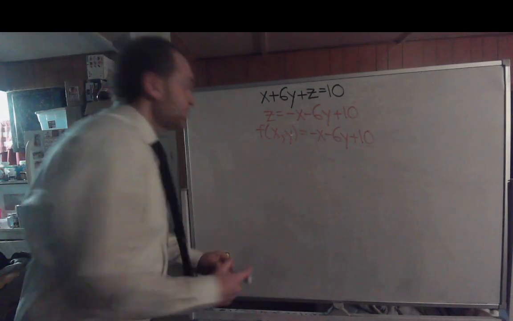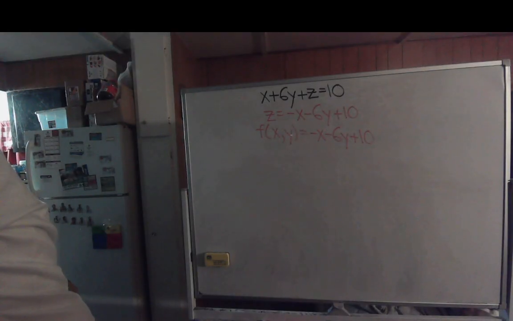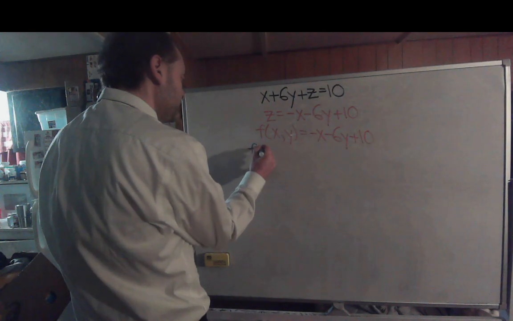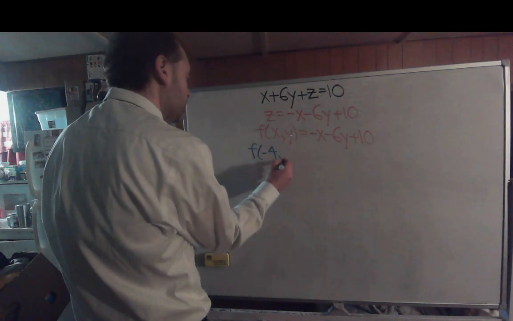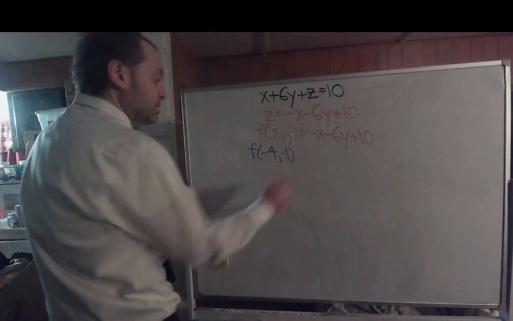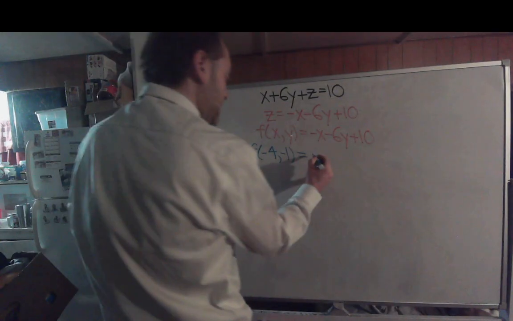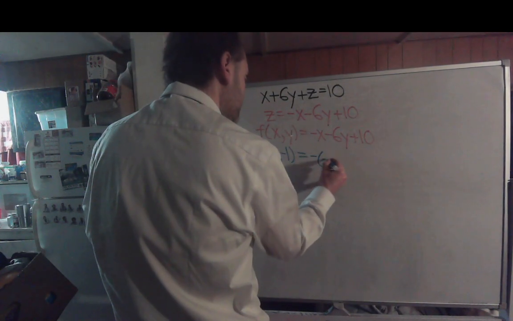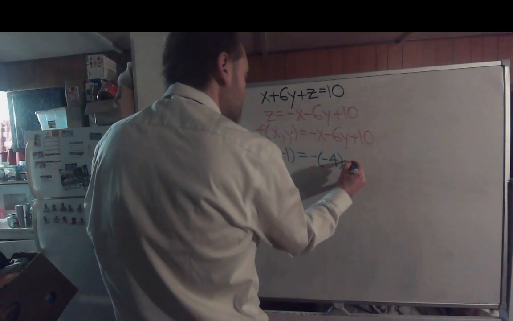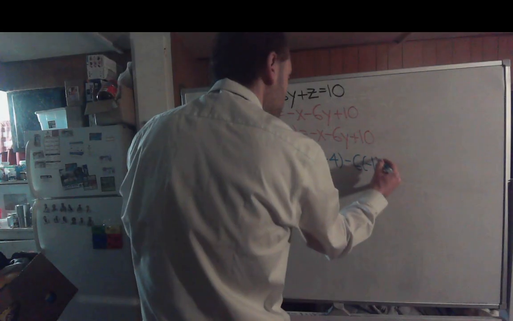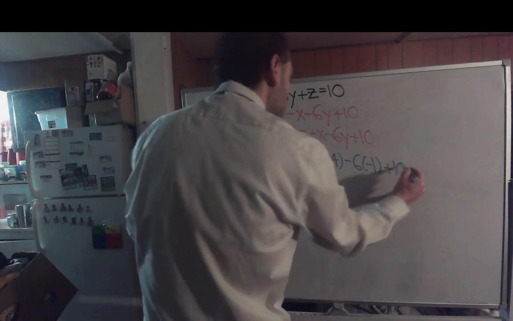Now, what's the given point they want us to do? We are going to find f of negative 4, negative 1. So to solve for that, you'll put negative 4 in for your x value. So you would get negative of negative 4 minus 6 times your y value of negative 1, all that plus 10.